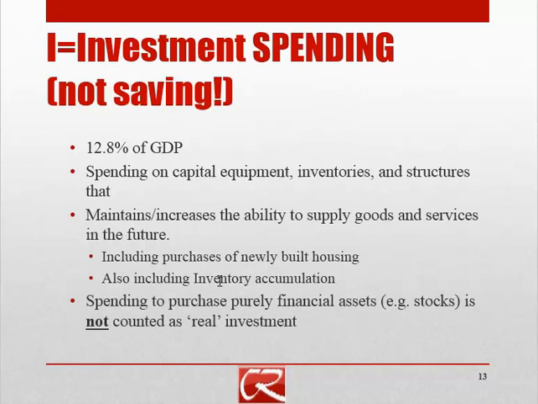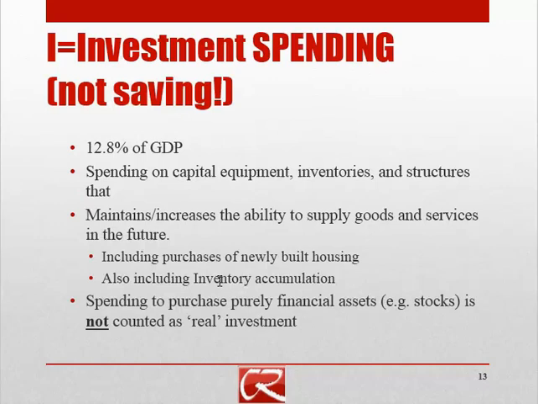So if a company cuts down a bunch of trees and builds up a big stockpile of trees, but it hasn't converted them into lumber yet, it's increased its ability to supply goods and services next year because it has a lot of raw materials that it can work through. So when a company builds up inventory of raw materials, that counts as investment spending.